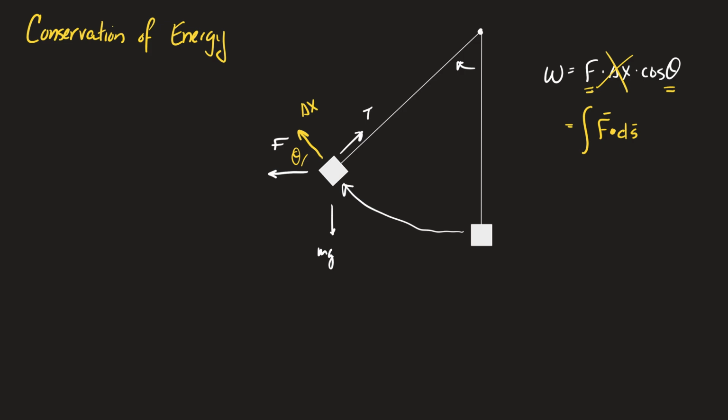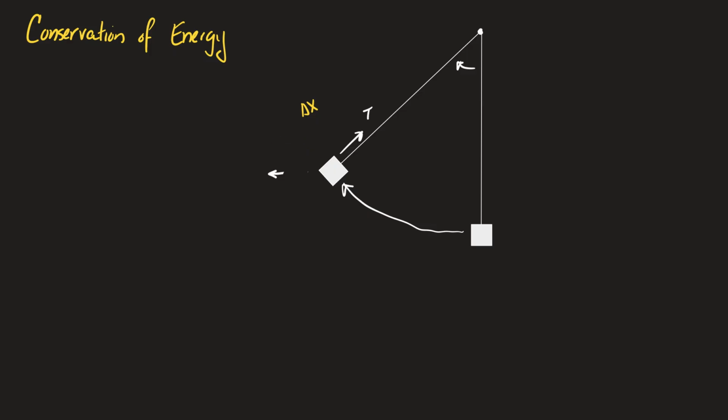However, there's a much easier way to do this question, because ultimately, if you think through the problem just a little bit, you'll realize that the kid starts at one level down here and then is raised to a different level.